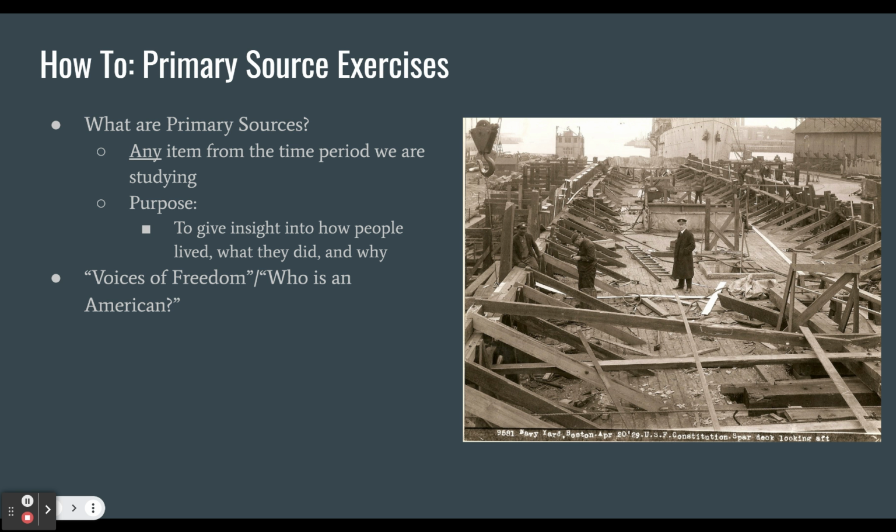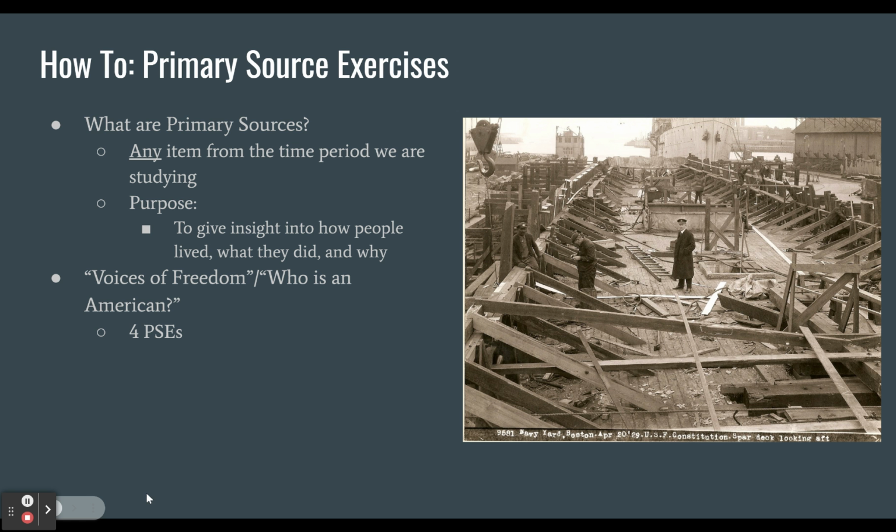And so you have to have the textbook in order to do that. Now, if you buy the ebook, that's fine. But just so you know, the ebook will have different page numbers from what I include in the actual assignment. So bear that in mind. Okay. So Voices of Freedom and Who Is an American.